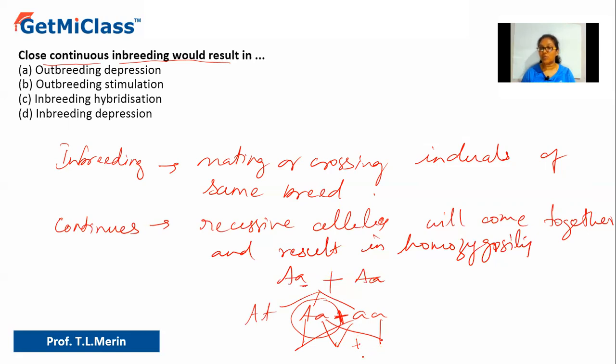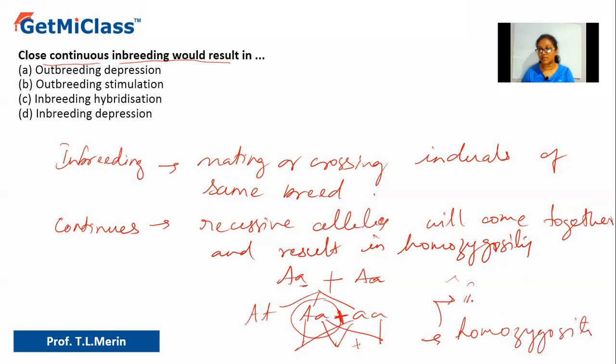More offspring will show homozygosity, so the percentage of homozygosity will be increasing. Homozygosity, we are talking with respect to the recessive allele. So this will result in homozygosity, and this is what is called inbreeding depression.